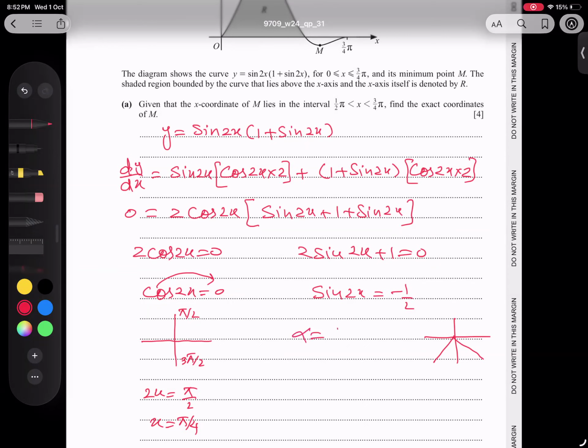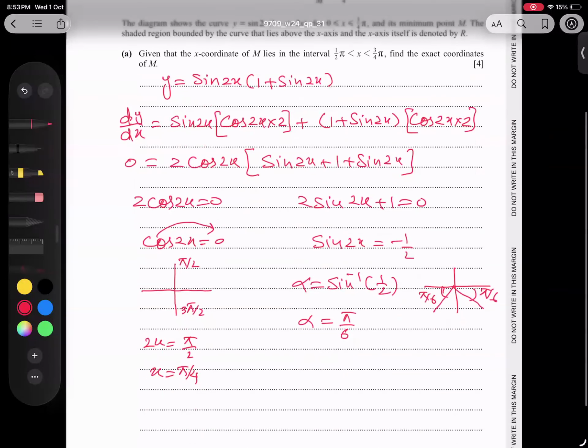So sine inverse of half gives pi by 6, sorry, not pi by 3, pi by 6. So this is pi by 6 here and pi by 6 here.